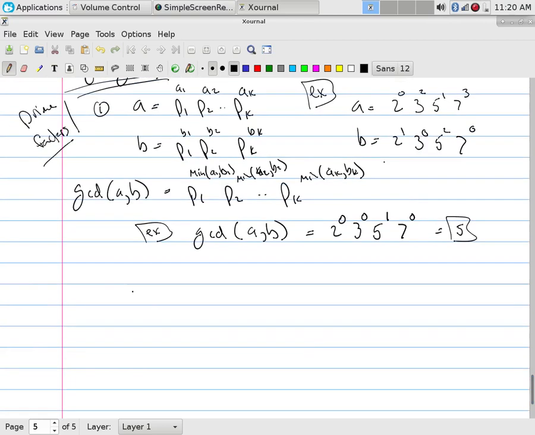The LCM of A and B still uses the primes, but now I'm going to take the largest power.